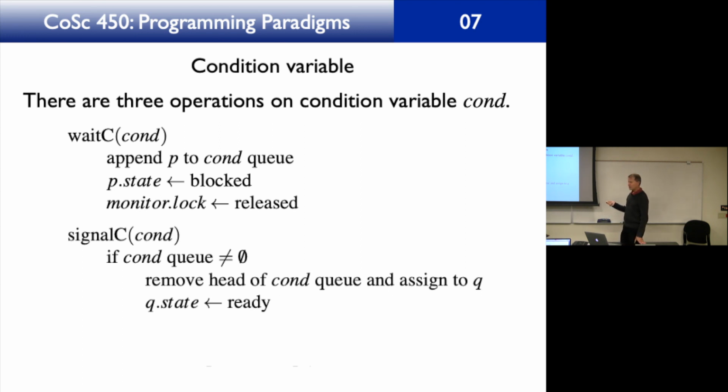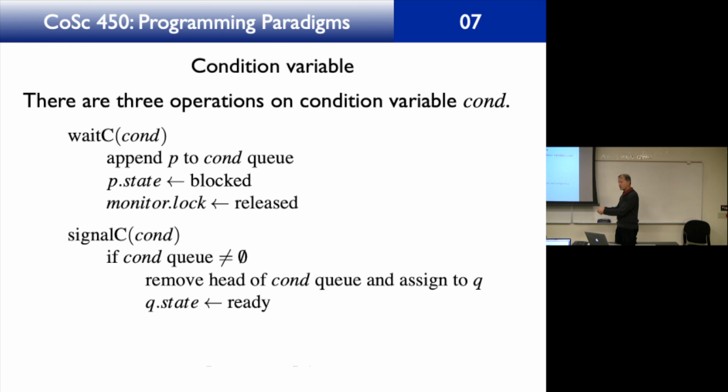So that's wait. Another one is called signal C. Again, we use the C to distinguish this from the semaphore signal. But this one has an if statement in it. If a process signals a condition variable, then if the condition variable is not equal to the empty set, the empty queue, it removes the head of the queue and assigns it to Q, and then Q.state gets ready.